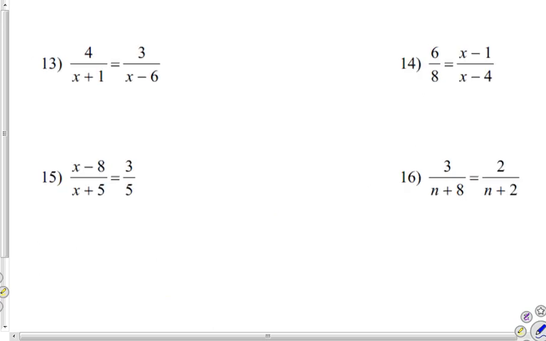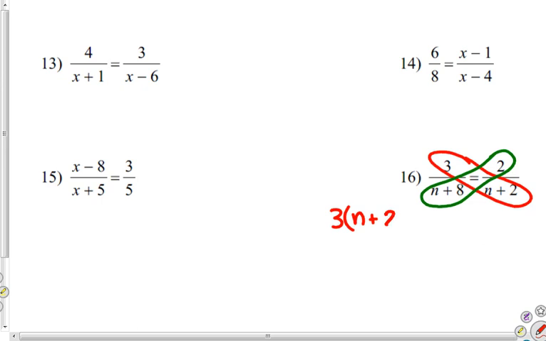I'll also do number 16. Same idea. Red loop, green loop. For the red loop, it's 3 times the quantity n plus 2. On the right side in green, it's 2 times the quantity n plus 8.